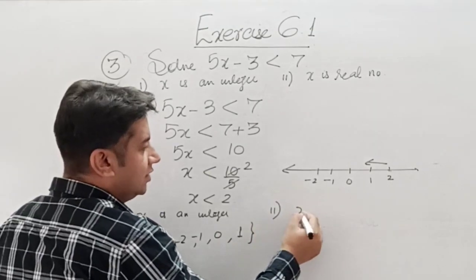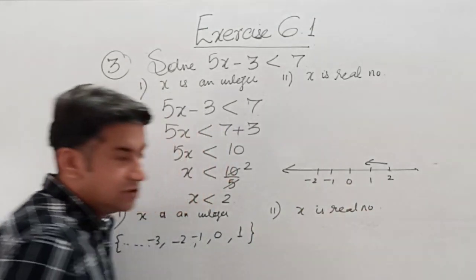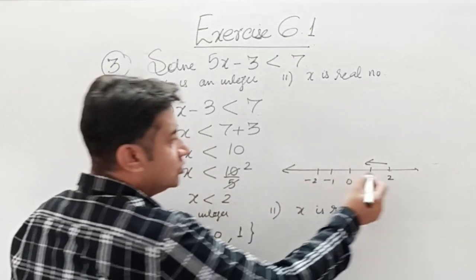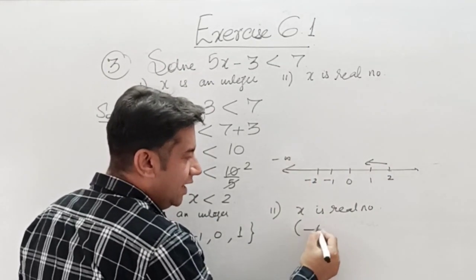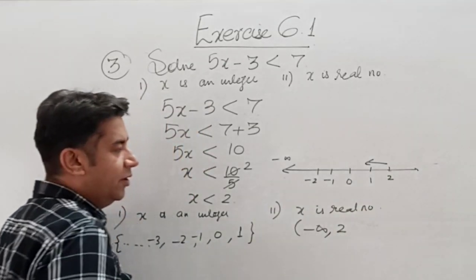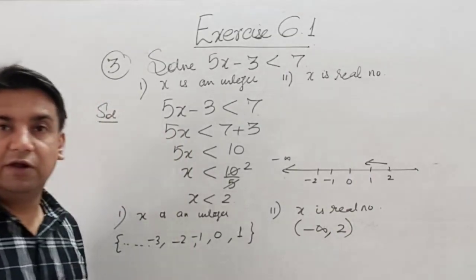And x is a real number. Now you see, for real numbers we always use an interval. So less than 2 means it will be -infinity to 2. Open or closed interval? It is less than sign, so here it is an open interval.